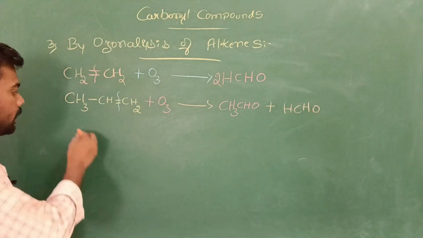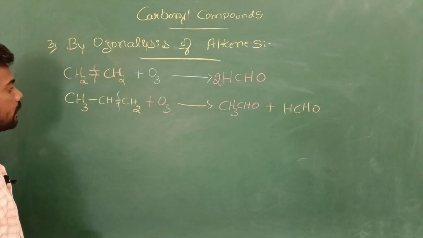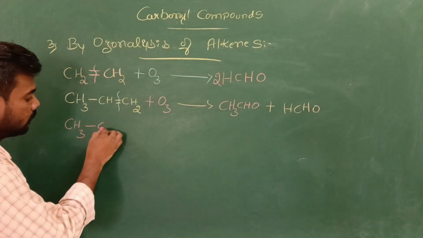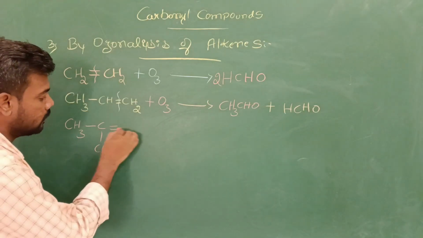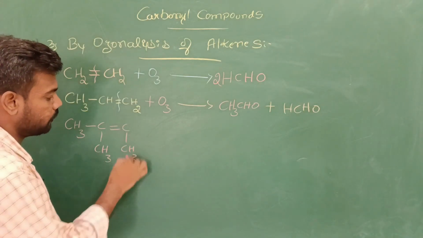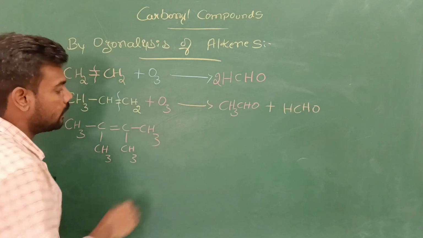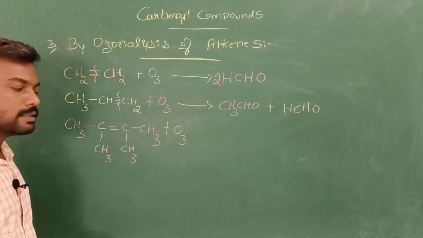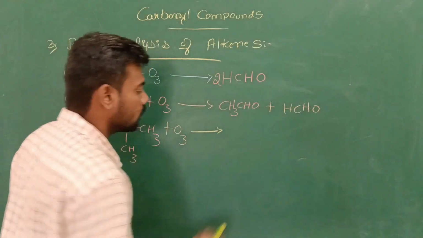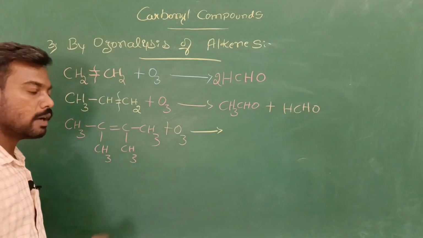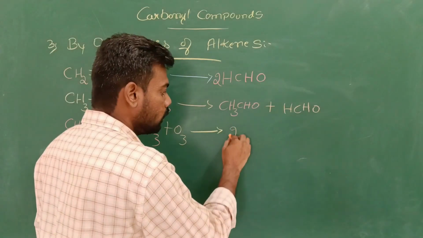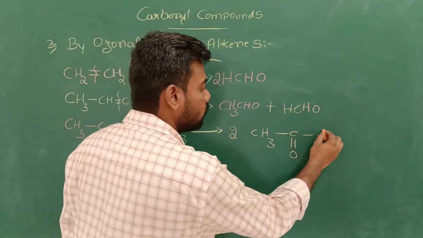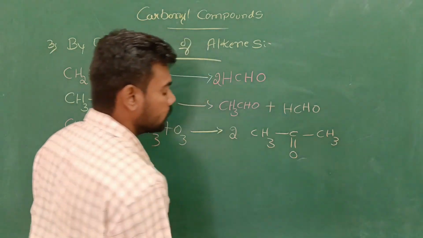Next one is tetramethyl ethylene. When tetramethyl ethylene undergoes ozonolysis, it forms 2 moles of acetone.